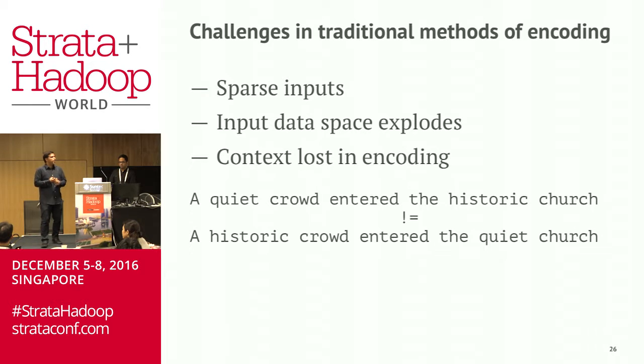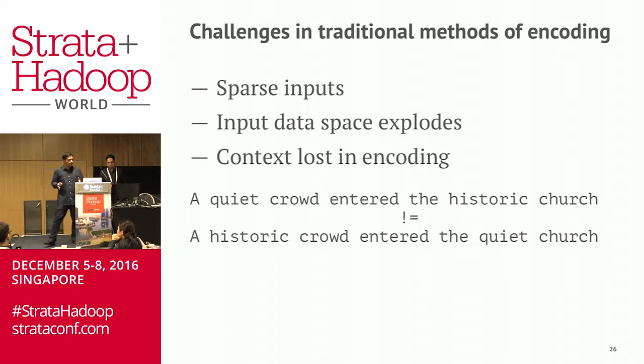And more importantly, when we're trying to create a sentence, it's important to understand the context of the sentence. That's one thing that is really hard to capture in any of these statistical modeling techniques, right? So the context is lost in the encoding.